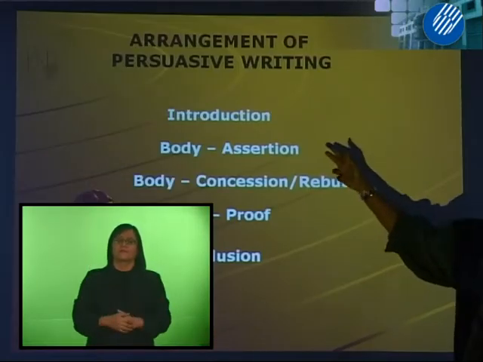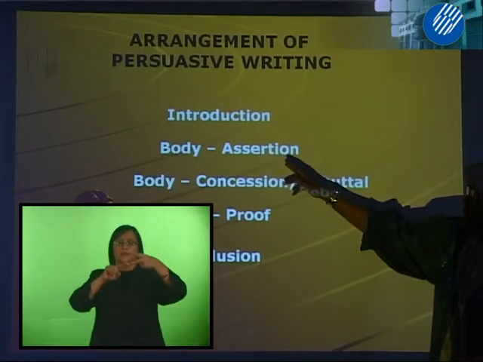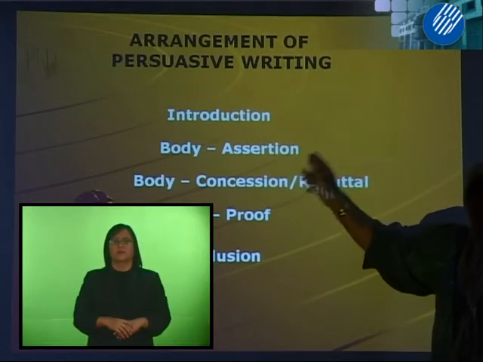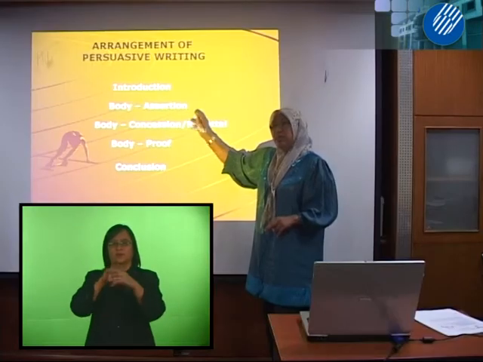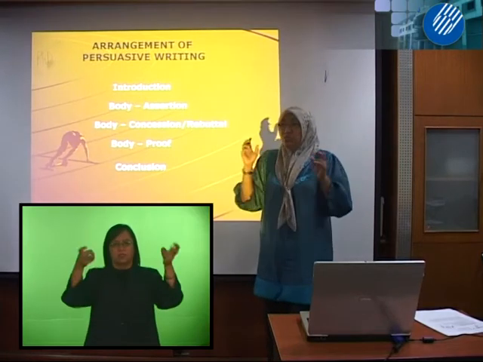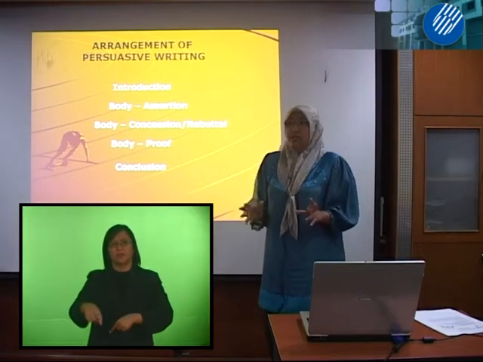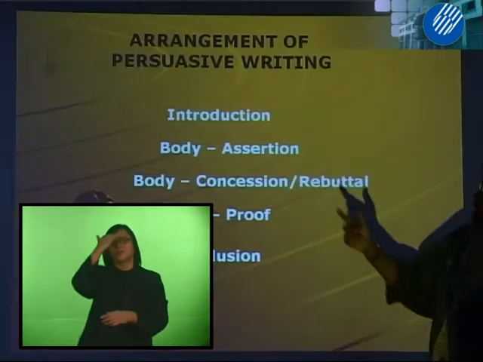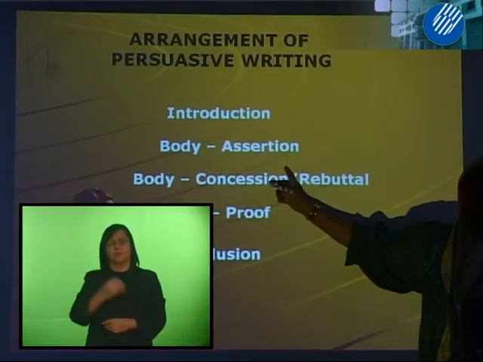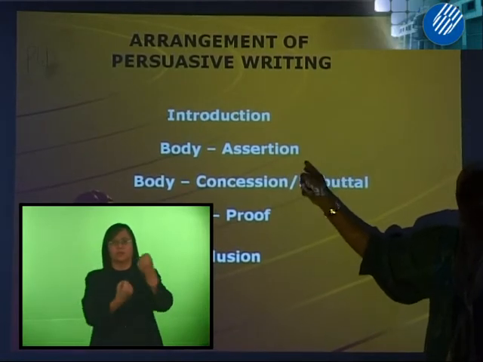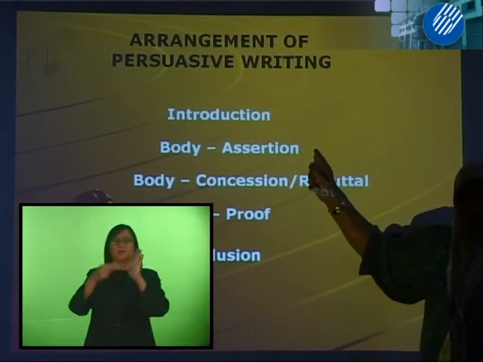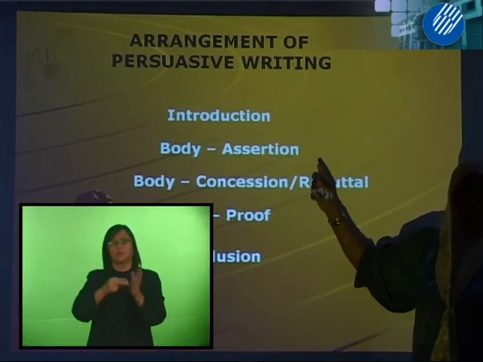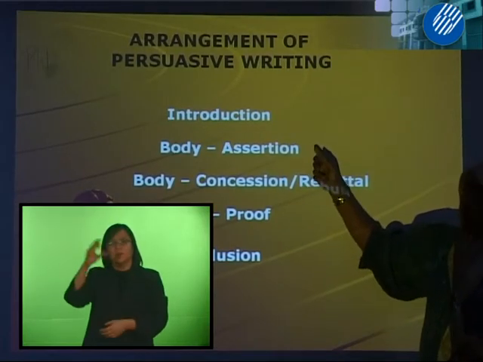Now let's go to the second point, body assertion. Now in the topic sentence, you have to let the readers know your stand so that they know whose side you are on. So this is what is meant by assertion, where you strongly present a certain opinion to the reader, but bear in mind not to sound so aggressive.